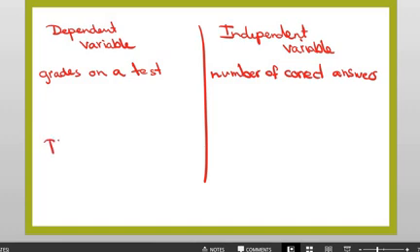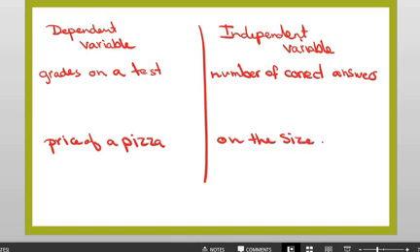So the price of a pizza depends on what? Depends on the size of the pizza. The size is the independent variable.